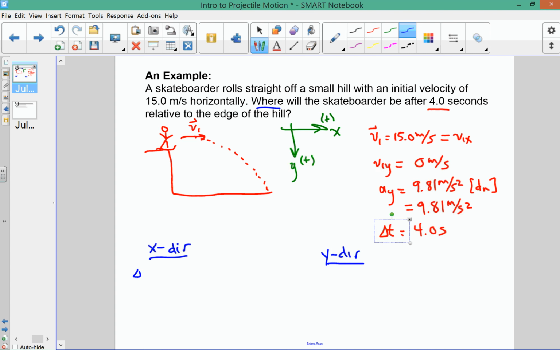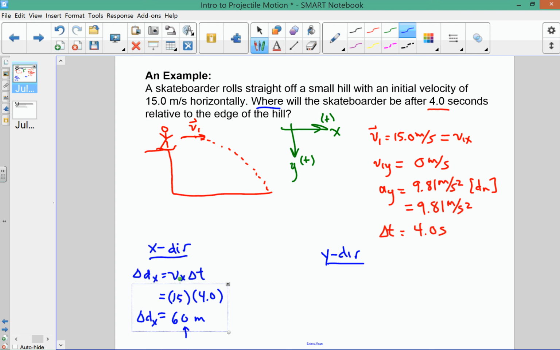So if I'm interested in displacement, here's the only equation for constant velocity. Displacement is velocity times time. I know that the velocity in the x direction is 15 meters per second. I know that he's airborne for 4 seconds. So therefore, I know that his range in the x direction, horizontally, is 60 meters.